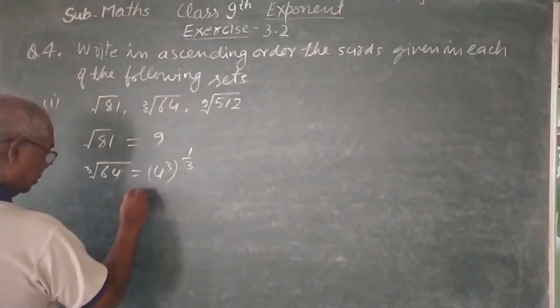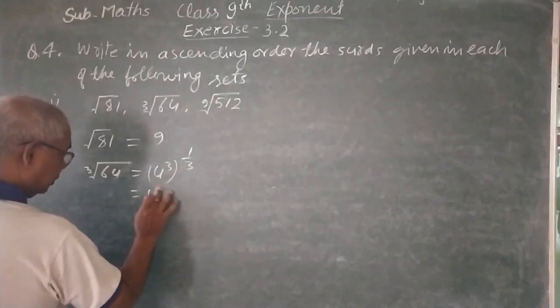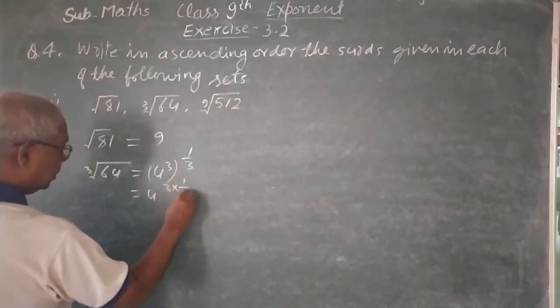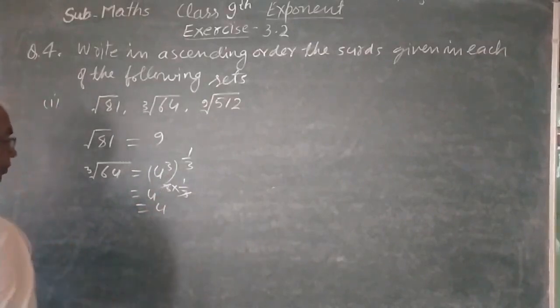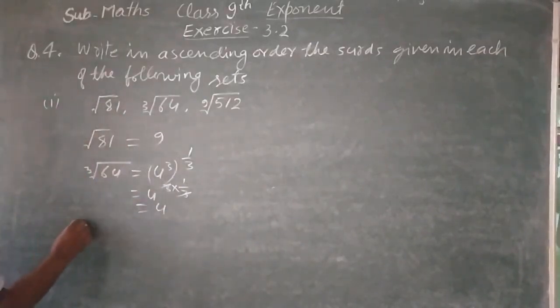So 4 to the power 3 into 1 by 3, and the 3s cancel. So we get 4.